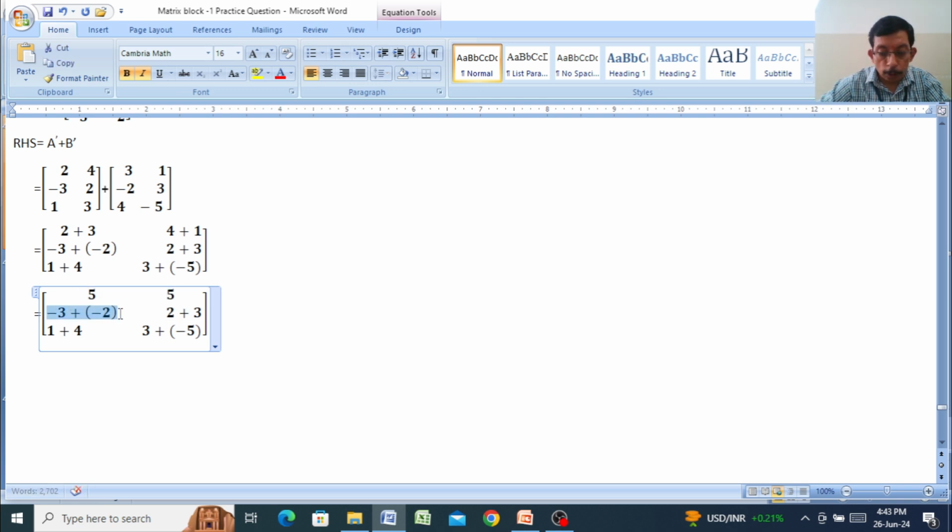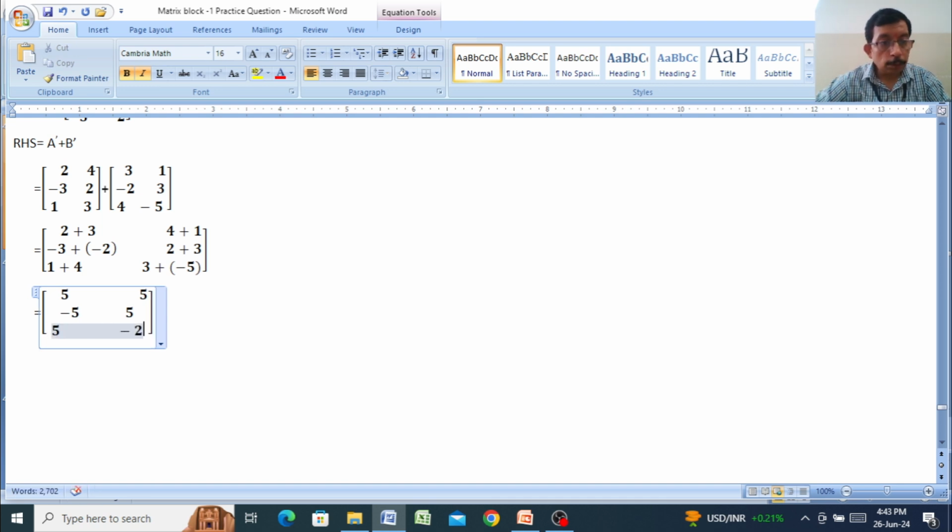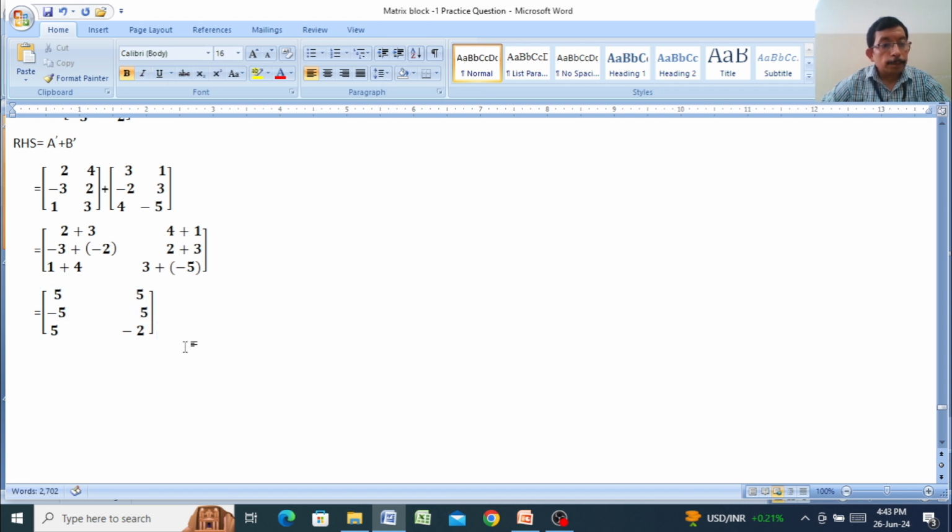Minus 3, minus 2, minus 5, note down in the same position. 2 plus 3, 5, note down the same position. 1 plus 4, 5, note down the same position. 3 minus 5, minus 2, note down the same position. This is the RHS side.